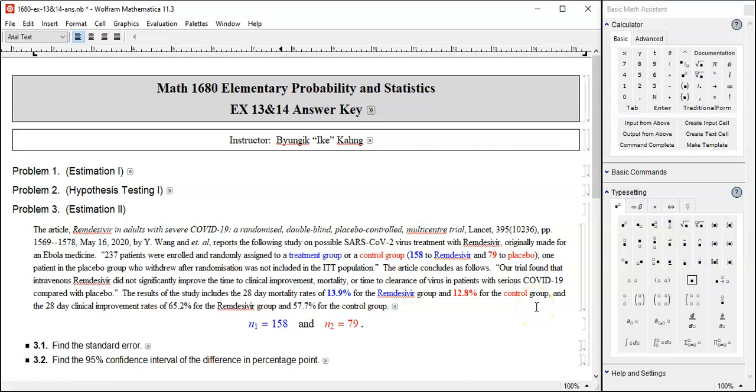Let's go to the next piece of information. 28-day clinical improvement rate of 65.2% for the remdesivir group versus 57.7% for the control group.